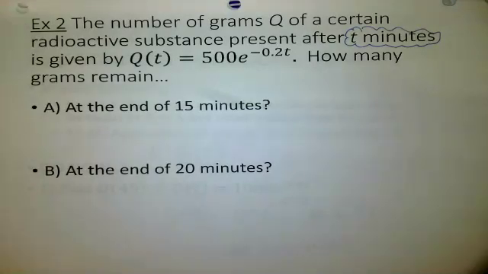How many grams remain at the end of 15 minutes? What do you suppose we need to do here?